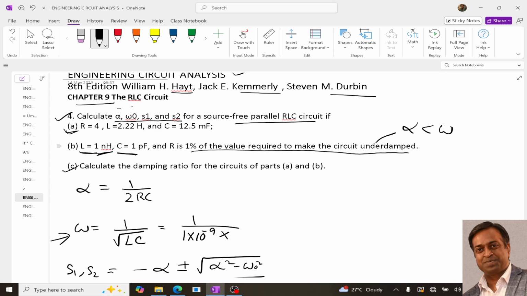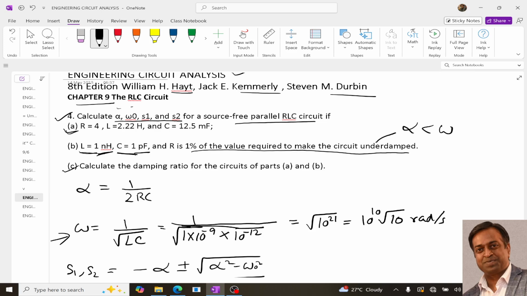And C is 1 picofarad, means it is 10 power minus 12, right? And this is under root. So this will be 10 power 21. So it is 10 power 10 under root 10 radian per second, right?